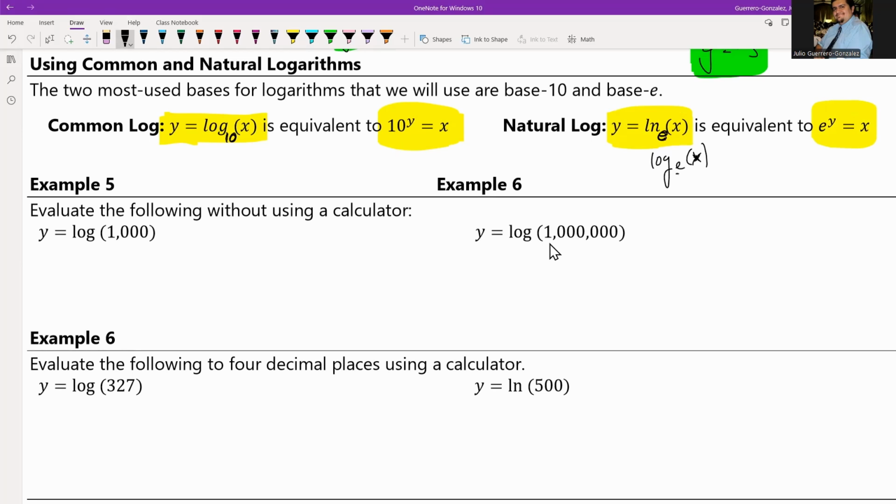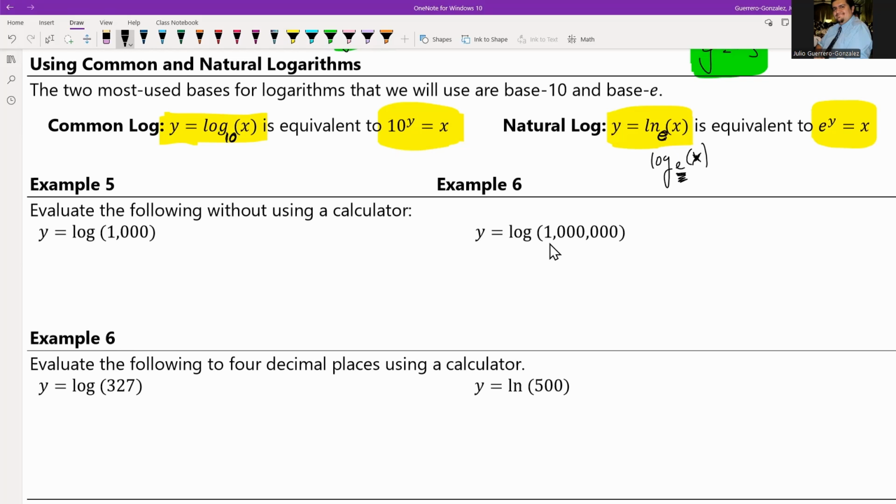So automatically we know that that's an e. It's got the same treatment as the log base 10 of x. If we see ln, we know that that is going to be a base e. Got it?